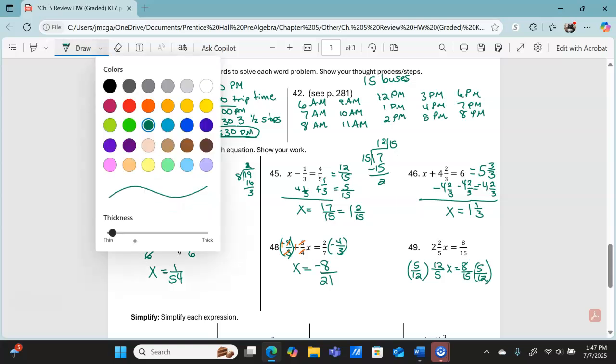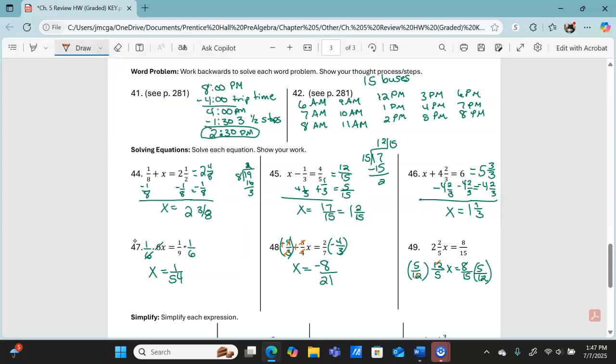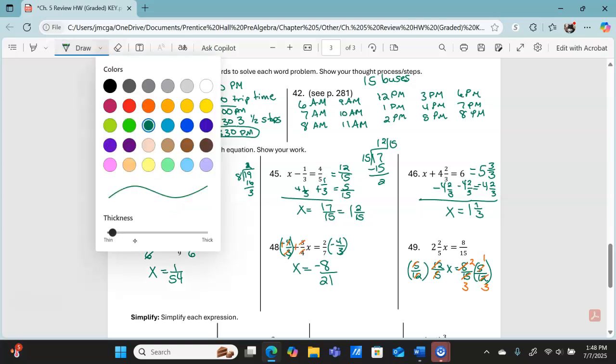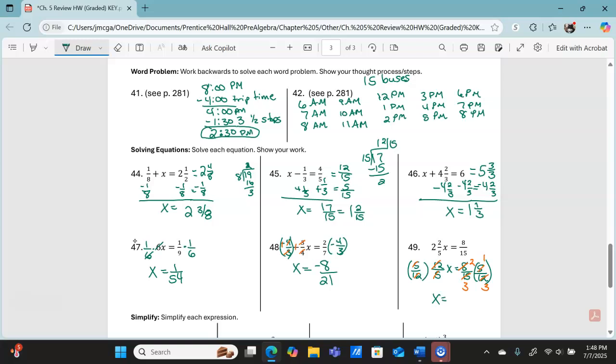And we have some reducing that'll occur. So over here, that will all reduce, leaving you with f. Over here, x. 5 and 15 will reduce. 8 and 12 are both divisible by 4. So we end up with 2 times 1 is 2. 3 times 3 is 9. We end up with 2/9.